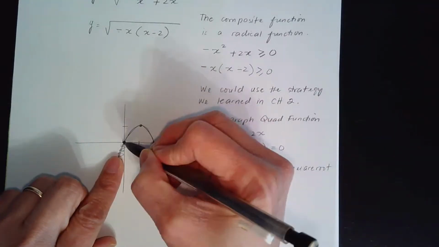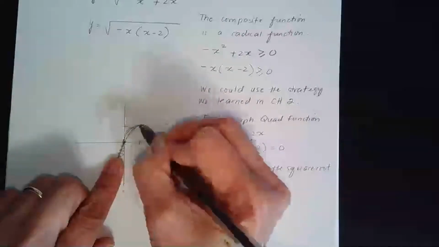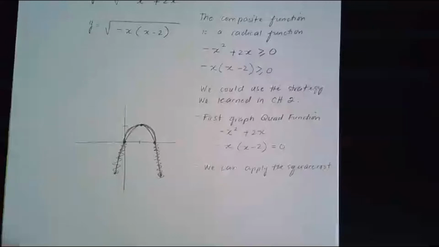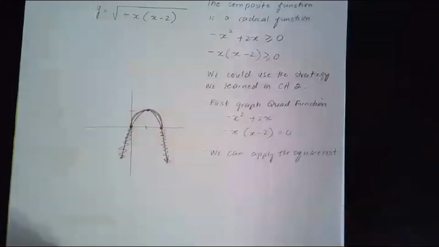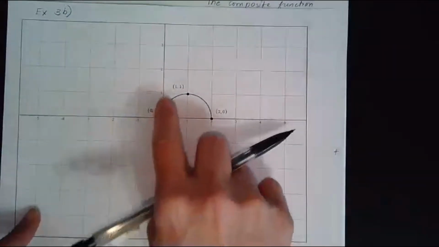But between 0 and 1 there's a little bubble. This is something that we learned in chapter 2. I have the nice version already, so this is what the graph looks like for that function.